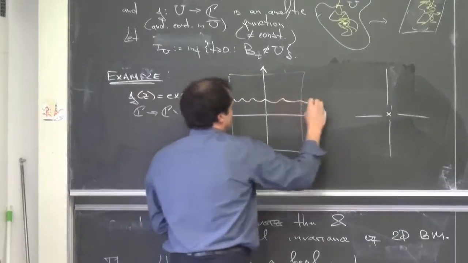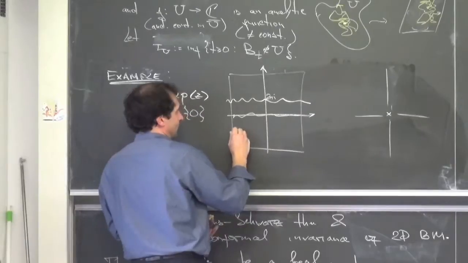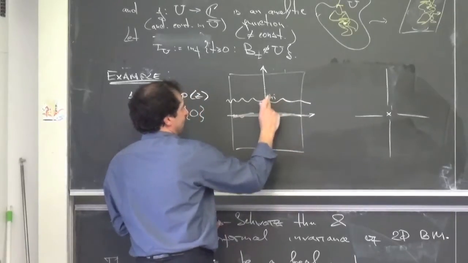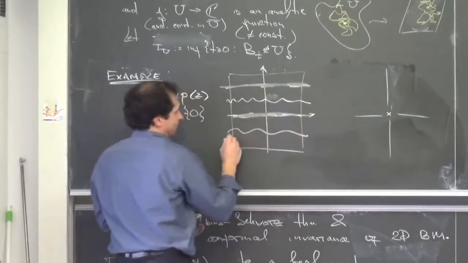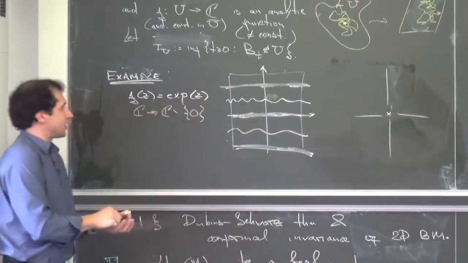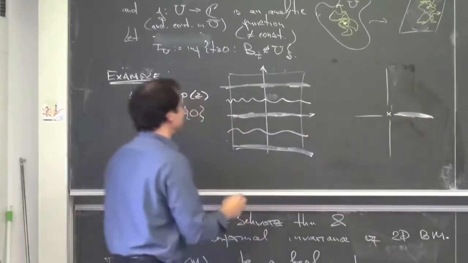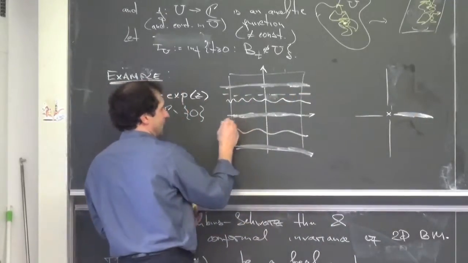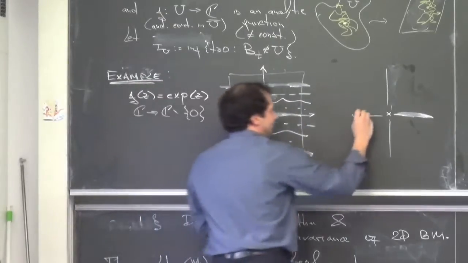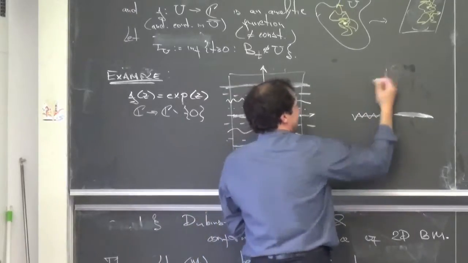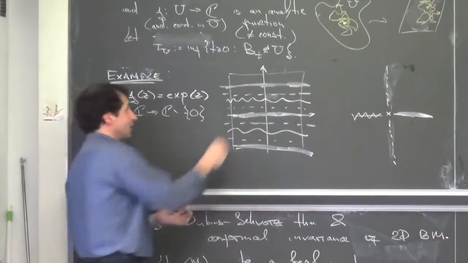And if this is 2 pi i, what I'm drawing is that the horizontal lines on the left picture are now rays in the right picture.